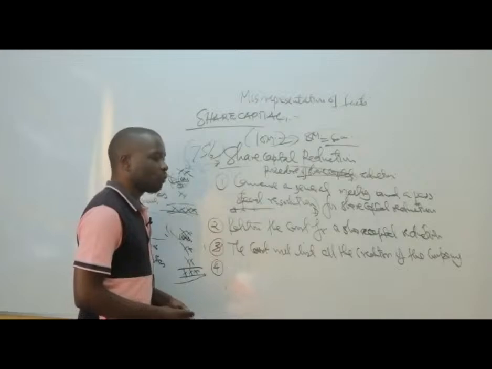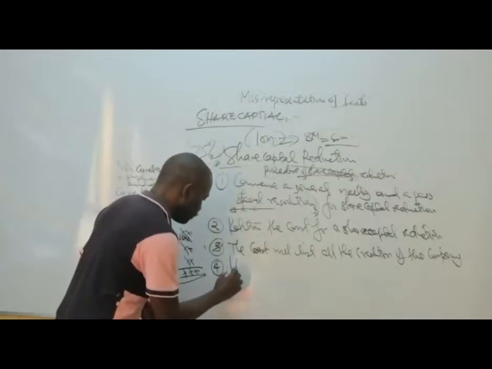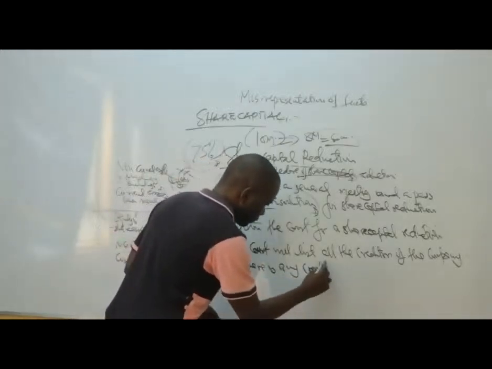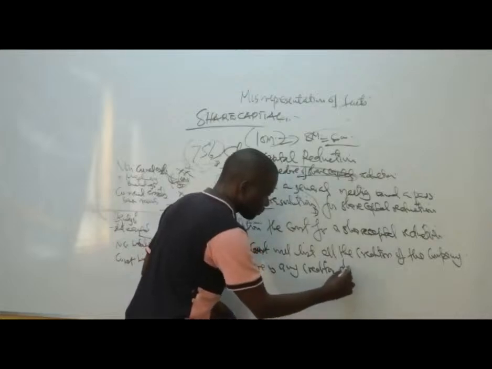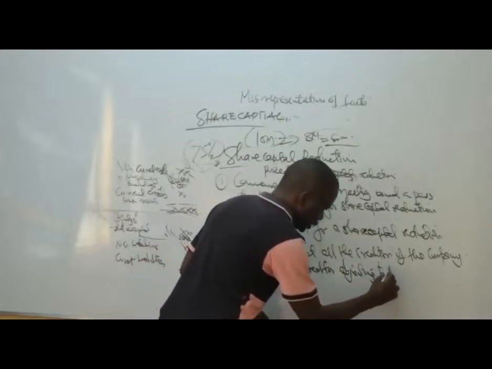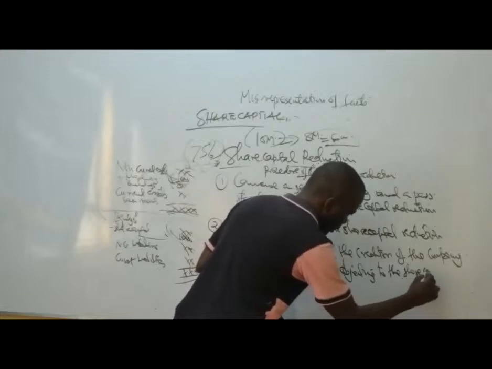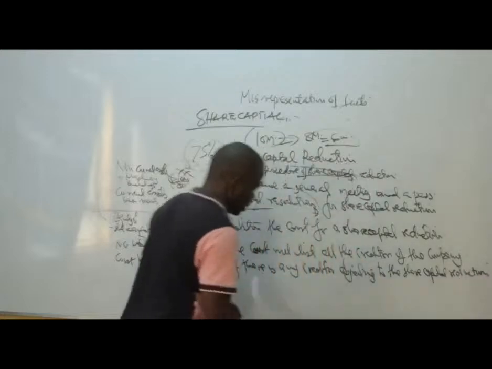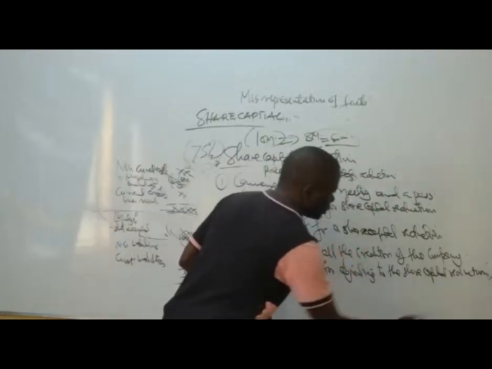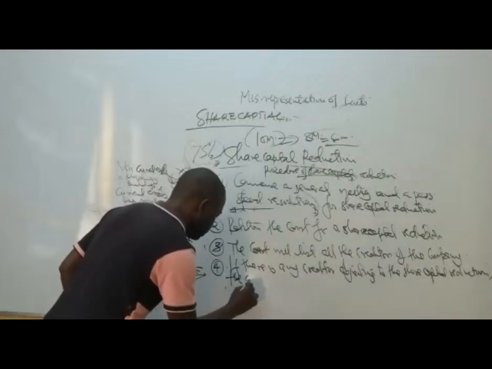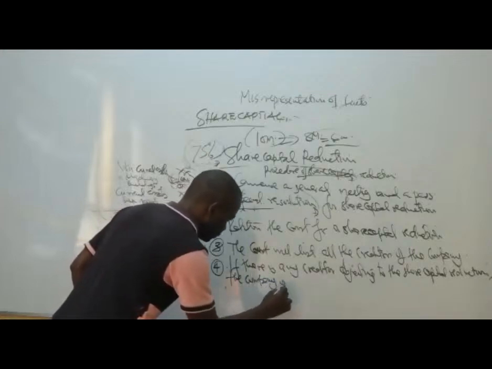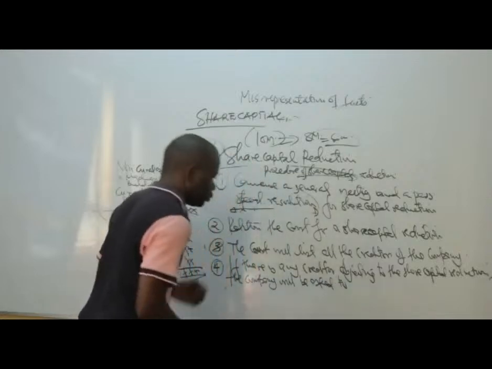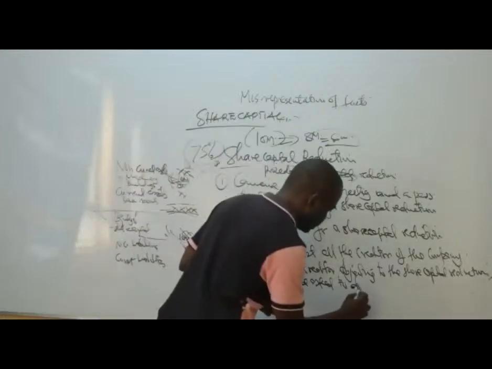If there is any creditor objecting to the share capital reduction, the company will be asked to dispense off with the creditor.